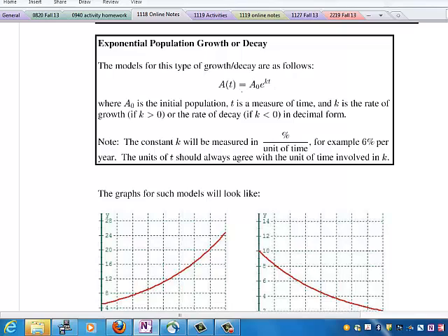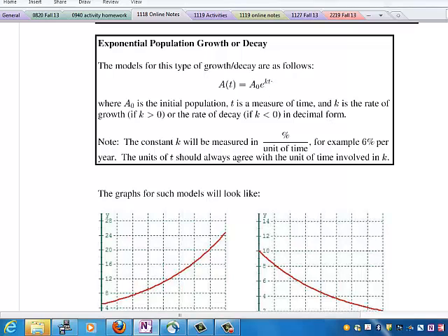You see A of t, the amount after time t, is a sub 0, which is the initial amount or population, times e to the kt, and the value of k is the rate of growth if k is positive, or the rate of decay if k is negative, and it's expressed in decimal form. And then t is time.